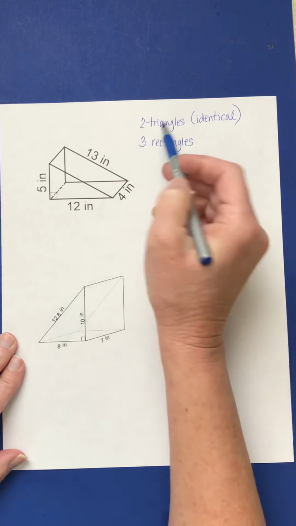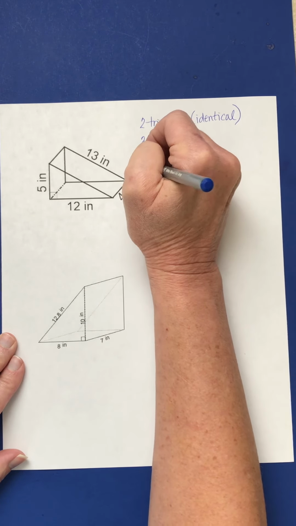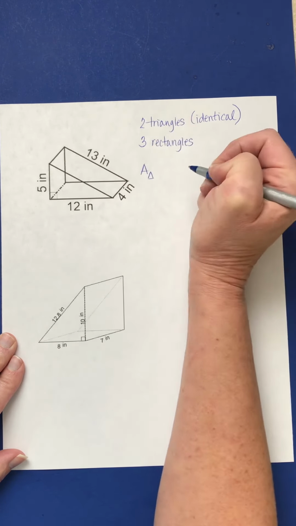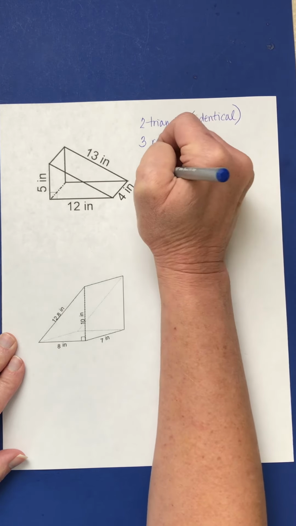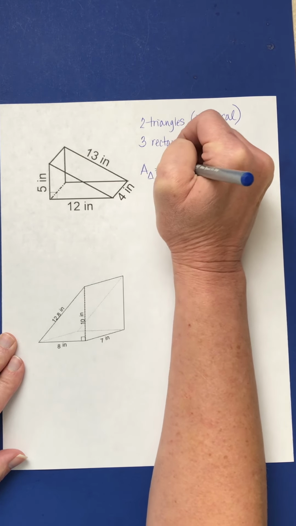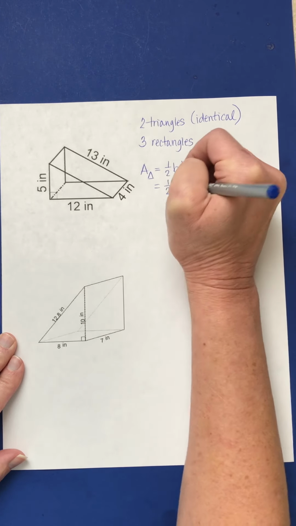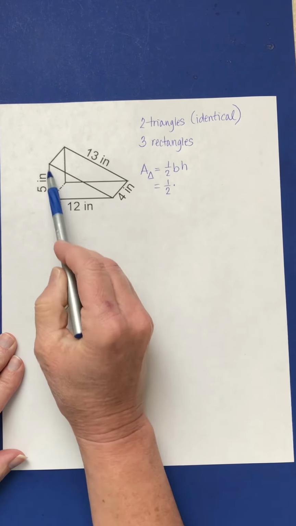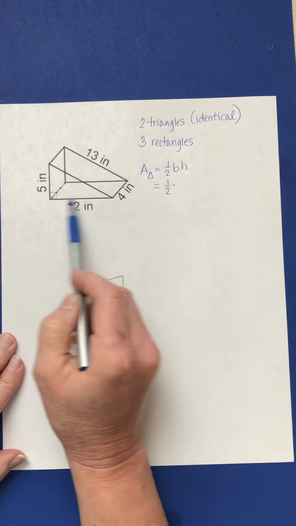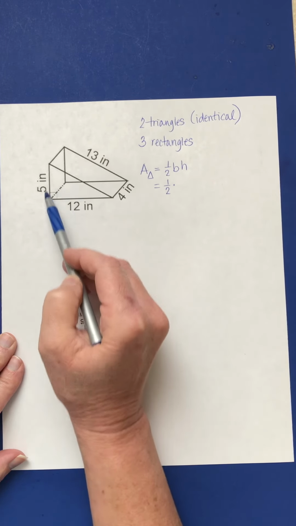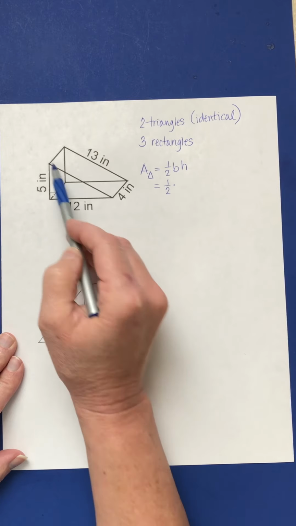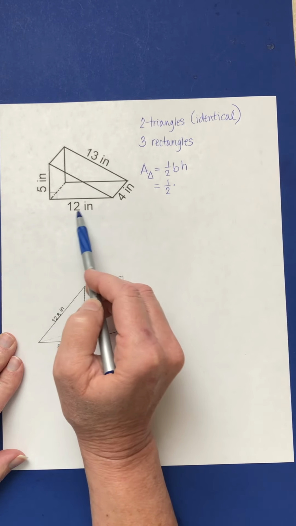Okay, so let's start with the triangles. So again, I'm going to say my area, and I'm going to put a triangle there. And if you remember, we just talked, that's 1/2 the base times the height. So if we plug that in, I'm going to have 1/2 times. Now, the base of my triangle would be this 12. So I'm looking just at my triangle part right here. Okay, see that triangle? So my base is 12.